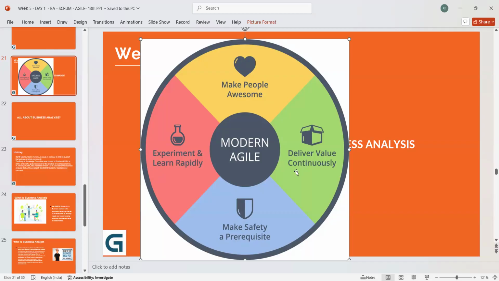Like the examples, I'm pretty sure I must have given in this batch also. Have I given the Facebook example here? How Facebook evolved? Anybody remembers? Yes, you did mention.